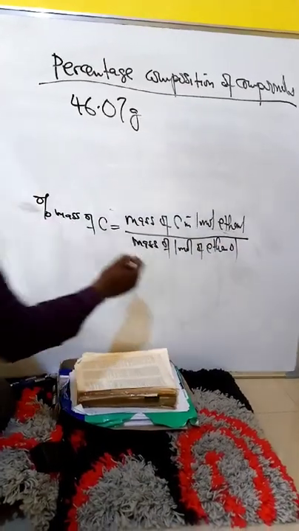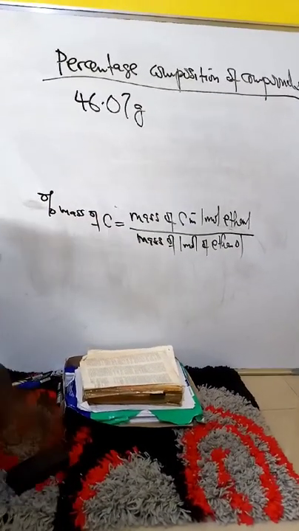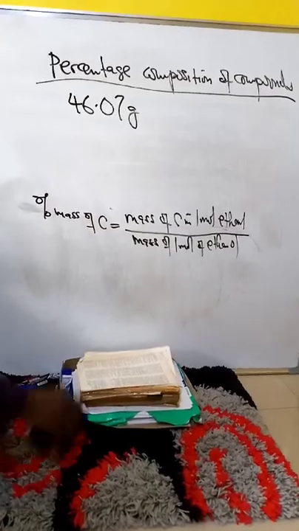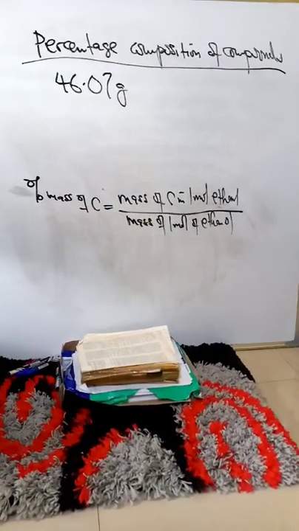So here we are dealing with the masses. So we need now to calculate the individual masses of the elements in ethanol.